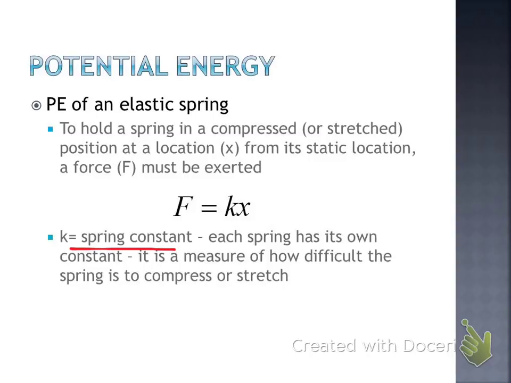Each individual spring has its own spring constant, so it's more like a variable. Anytime we see a K, we're dealing with springs. You should be thinking springs or coils.